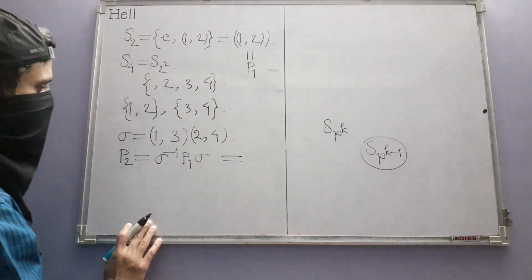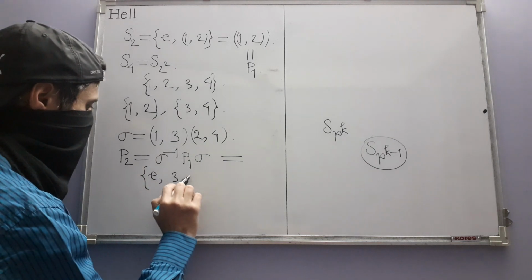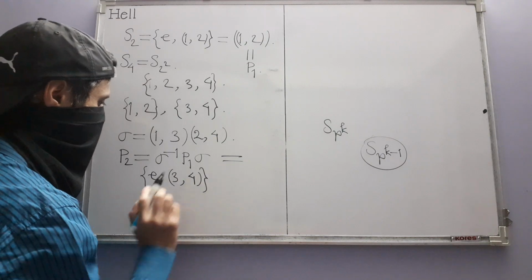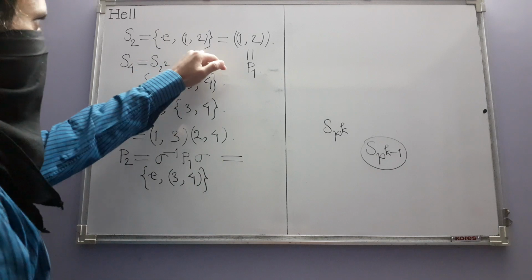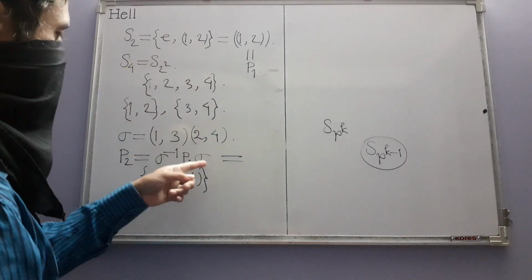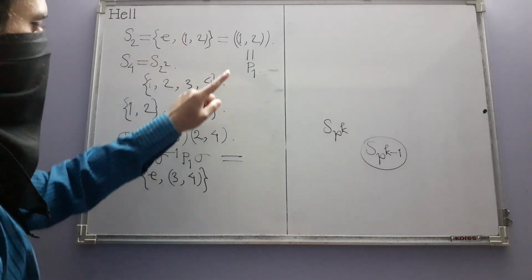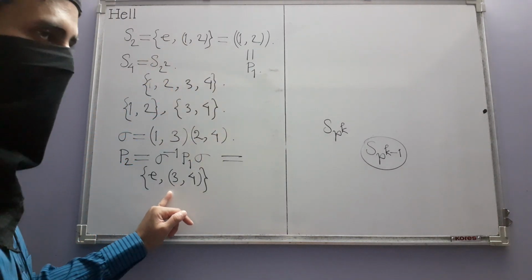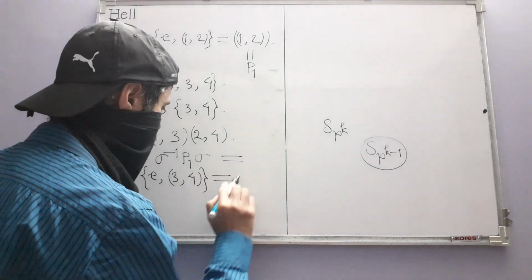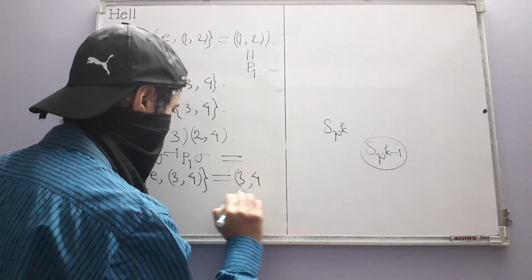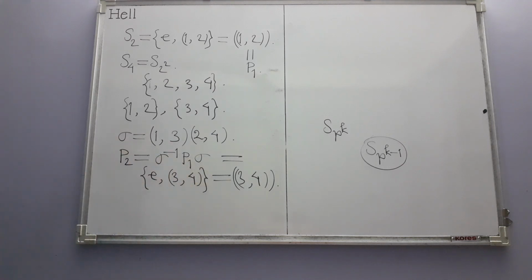If one calculates this, one will get this. You just have to calculate the conjugates of these elements by sigma. That is sigma inverse E sigma is going to give you E again, and sigma inverse (1 2) sigma you will see if you calculate will just be (3 4). So this is our P2, which again is actually the cyclic subgroup generated by this transposition.